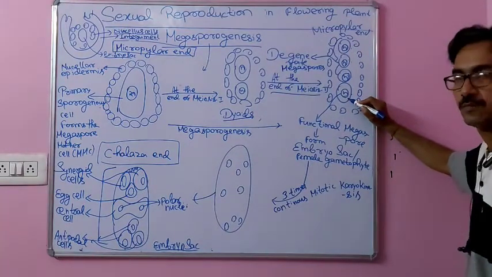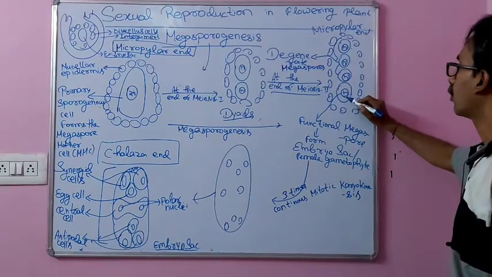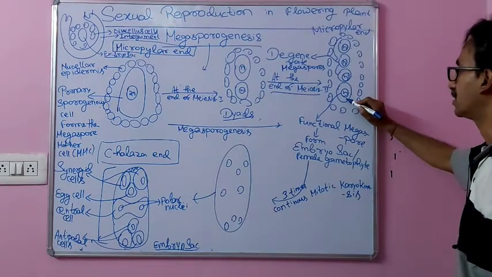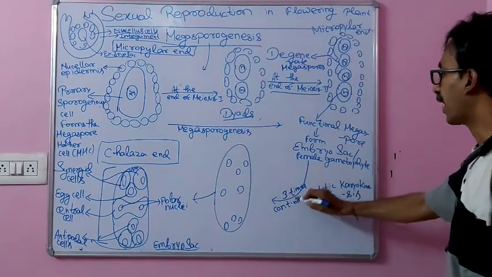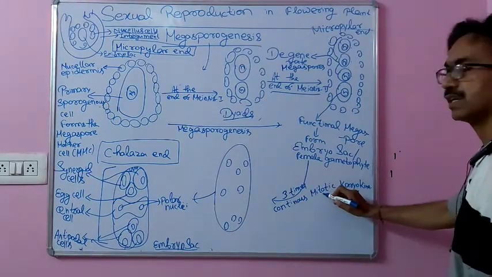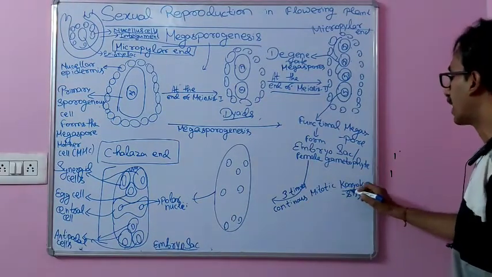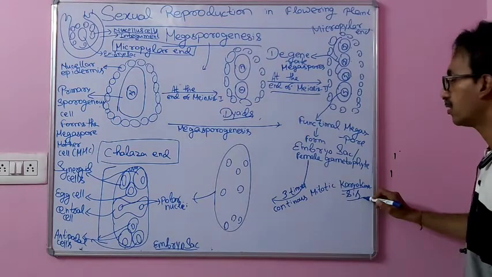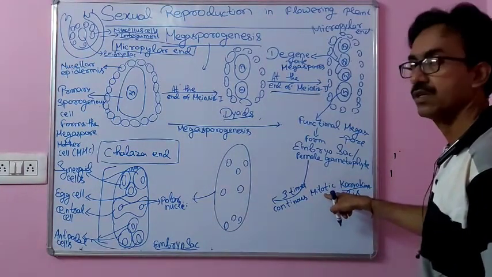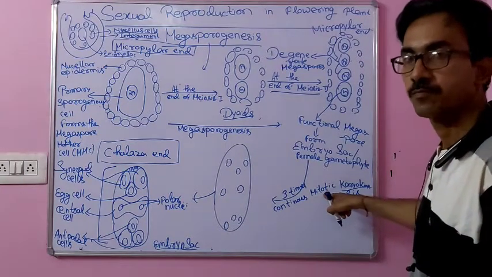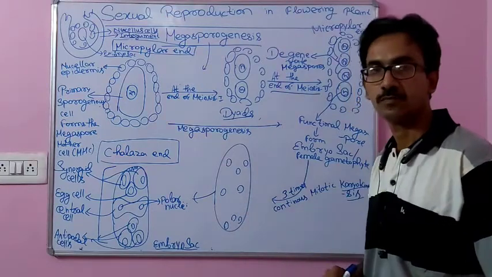See here. Initially, this megaspore contains a haploid nucleus, and this nucleus undergoes 3 times continuous mitotic cell division, that is, 3 times continuous mitotic karyokinesis, which results in the formation of 8 nuclei.